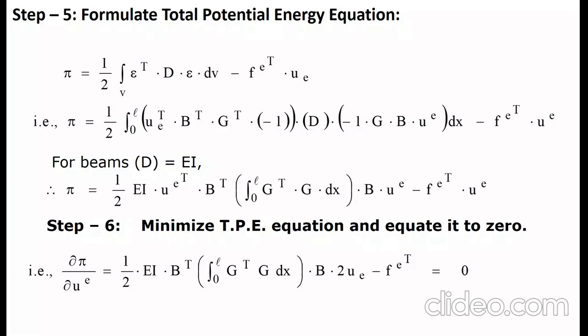So this is the final general equation. Based on this, minimizing the total potential energy, the equation is set to 0.